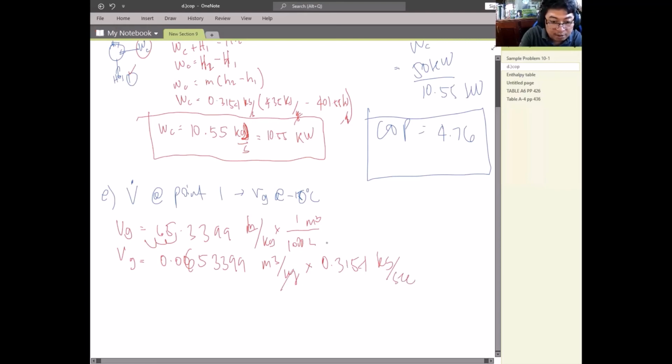So we can now cancel out kilograms, and the unit will be meter cube per second.